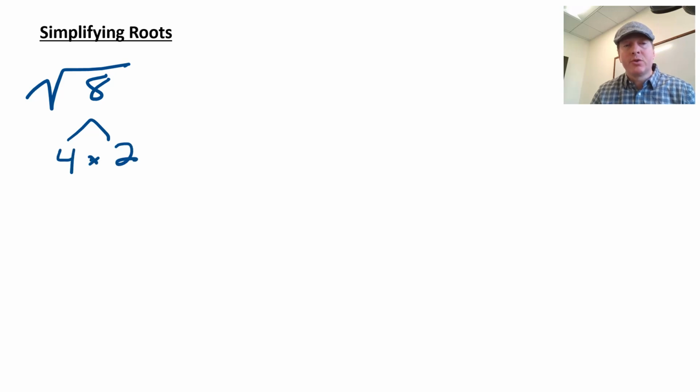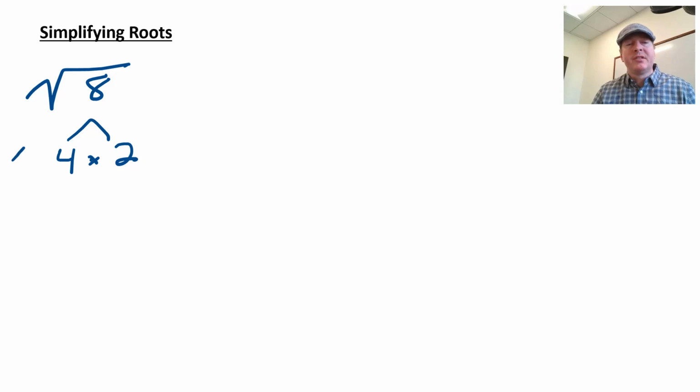Let's talk a little bit about simplifying roots. What does that mean? Suppose I wrote the square root of 8. Well, there's a different way I could write that. I could ask myself, does 8 have any factors, any divisors? Is it divisible by anything that is itself a perfect square? Yes, 8 is 4 times 2. 4 is a perfect square.